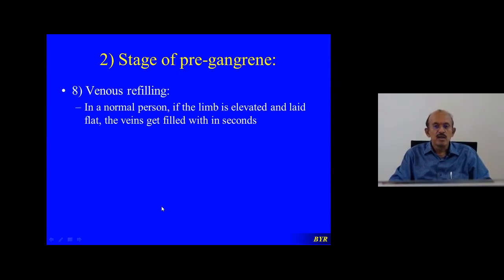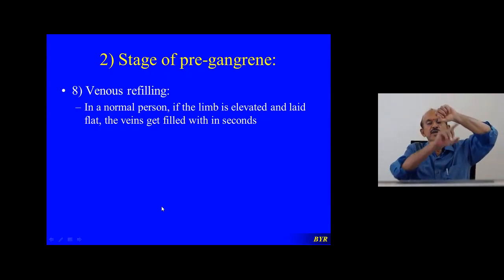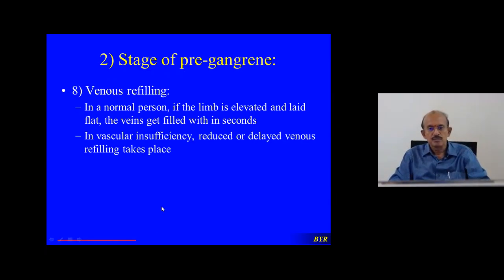Venous refilling: in a normal person, if the limb is elevated and laid flat, veins get filled within seconds. So just elevate your upper limb, so the veins get emptied. Once you keep it down, the veins become full again. In vascular insufficiency, reduced or delayed venous refilling takes place.